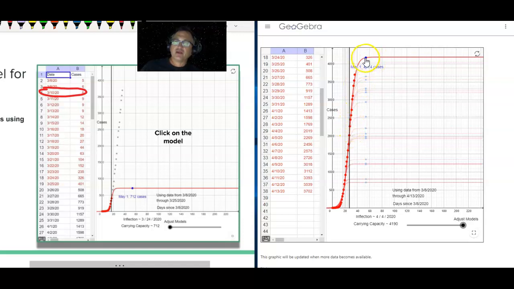So from that, you can predict out into the future that that would be our estimated total. That would be if the point of inflection had occurred back on the 4th. So that's one way that you can read a logistic curve, and you can use it to make estimates about what could potentially happen in the future.